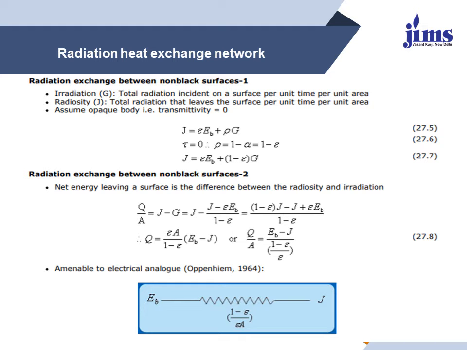If we correlate this equation 27.8 to Ohm's law, as per this equation, EB minus J is known as the voltage difference, or in case of conduction, it is the temperature difference.